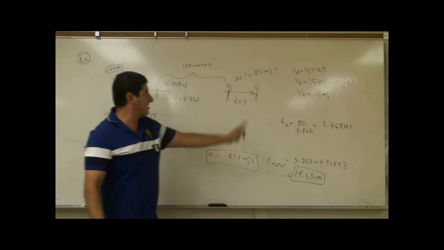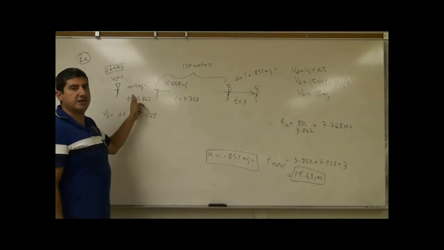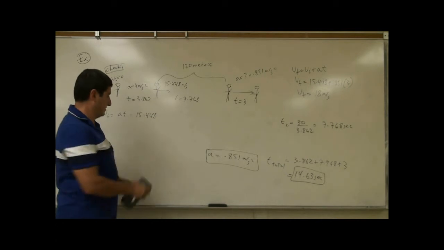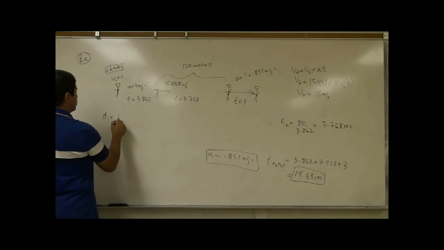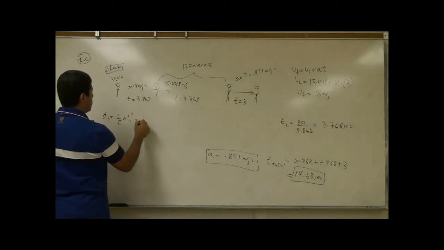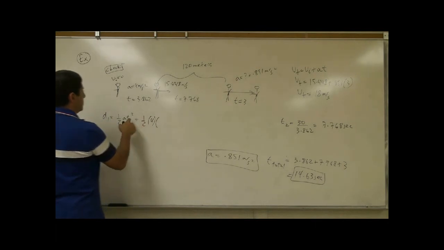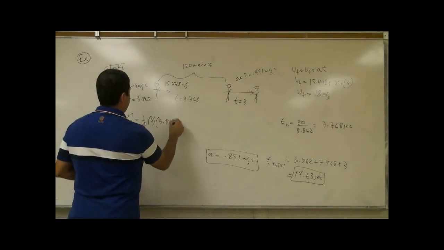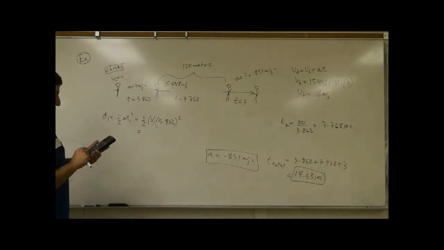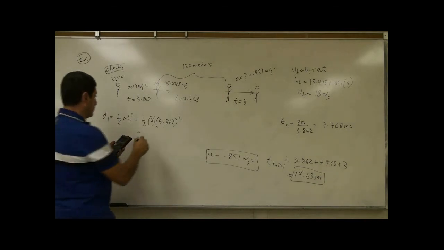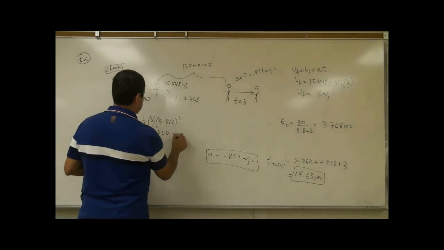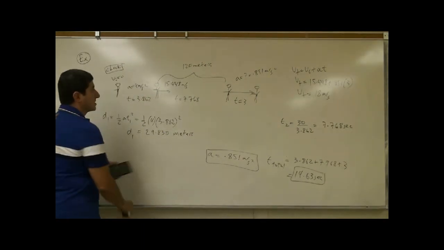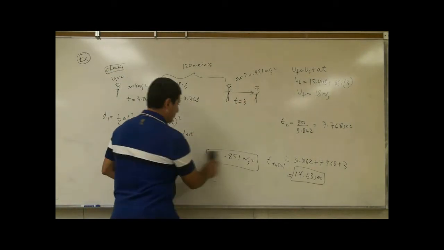The final thing to check is the total distance has to be 200 meters, right? So what's going to be the distance traveled in the first stage? So you're going to have half times 4 times this time squared. So that's going to be 2 times 3.862 squared. 29.830 meters. Okay? What's going to be the distance traveled in the third stage?